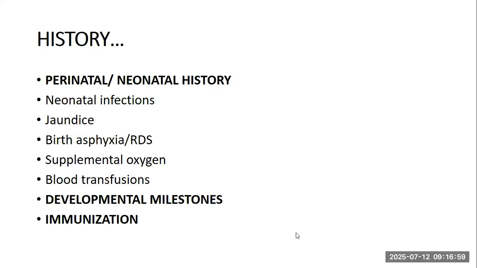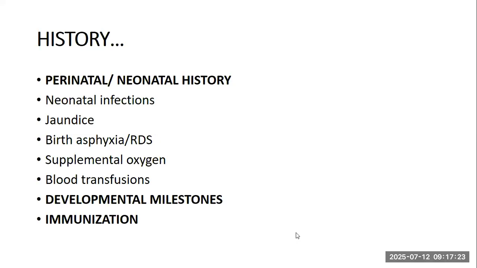Then neonatal infections, jaundice, birth asphyxia, some of these things can cause some neurological deficits that will eventually affect the eyes and cause strabismus. We want to know about the developmental milestones. Some of these patients with syndromes have delayed developmental milestones, and they could also come down with strabismus.